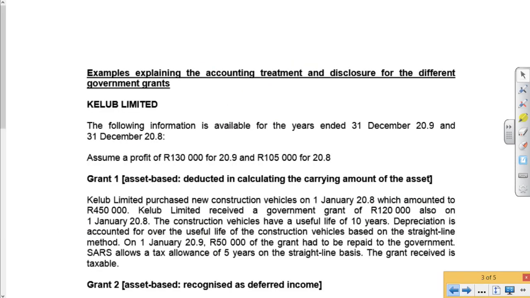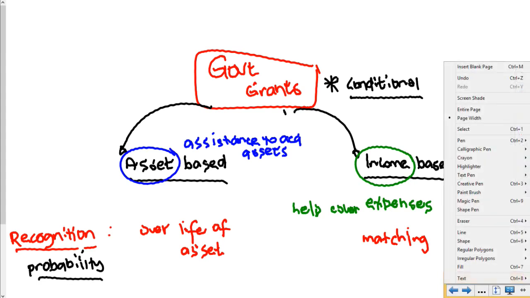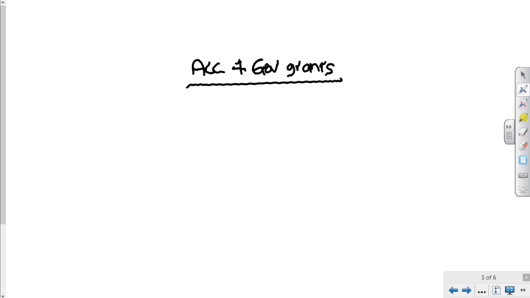Let's talk about how we actually do the accounting. So the accounting for government grants. There are two allowed accounting methods for both types of grants.